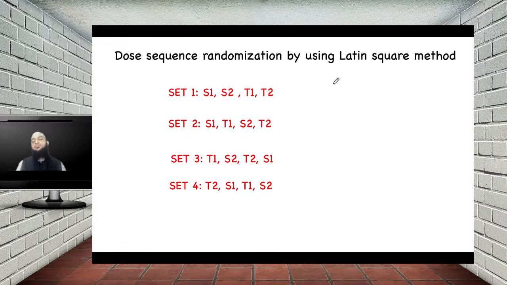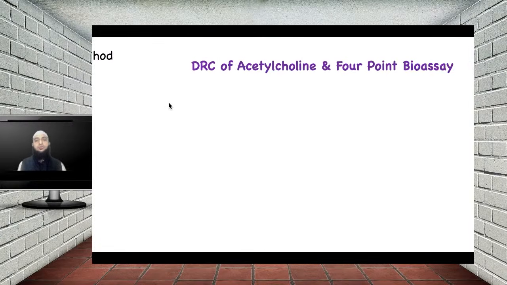Like in the case of 3 points, since there are 3 doses, we take 3 sets. Here there are 4 doses, so we take a total of 4 sets. This method is called the Latin square method. By the Latin square method you are randomizing the dose sequence so that there is no bias. You are reducing the error, and you are trying to get a more accurate result. Okay, so the selection of the dose is done.